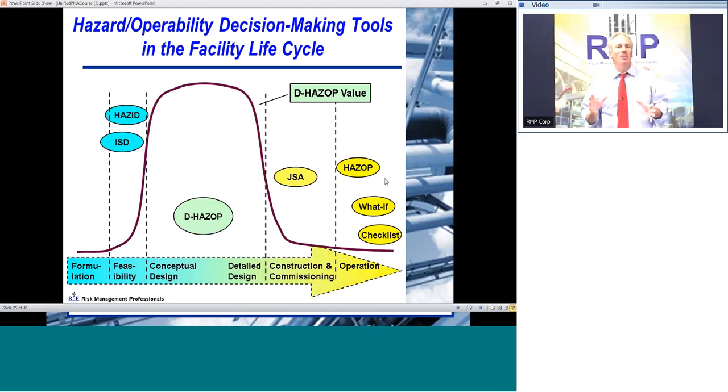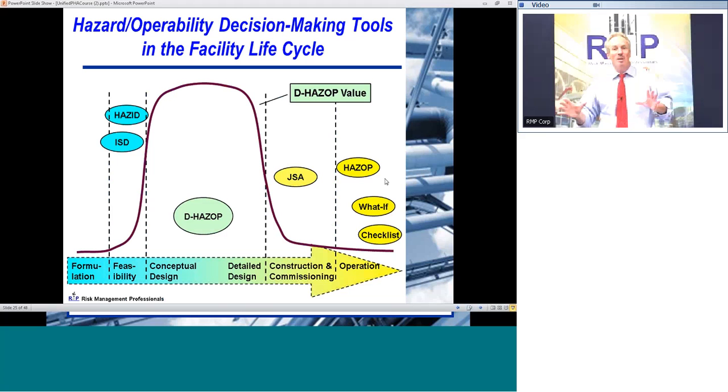But if you do need to address management of change issues, or safety questions, it's still a viable tool for doing that. In fact, it may be the only tool. But here you're doing more of a verification that what you have to do to make commissioning work is going to be acceptable from a safety perspective, not so much giving feedback to the designer. So you're doing it for a more classical reason, as a safety check.